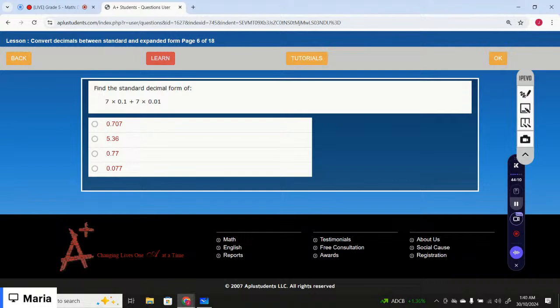The correct option is 0.77. Option number 3 is the correct option. Very good. Okay, you can complete the lesson by yourself later today.